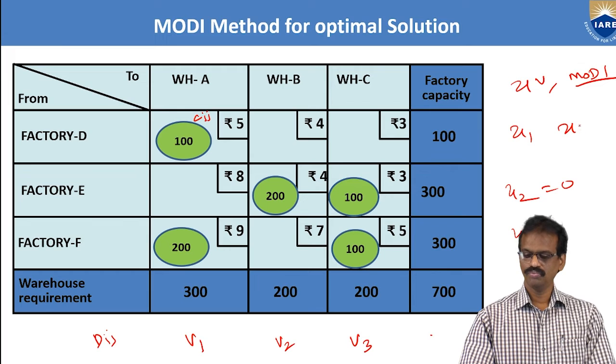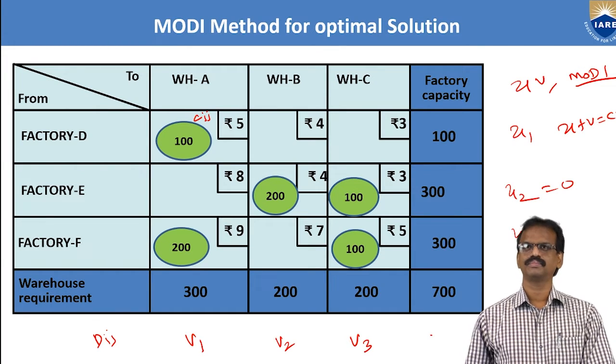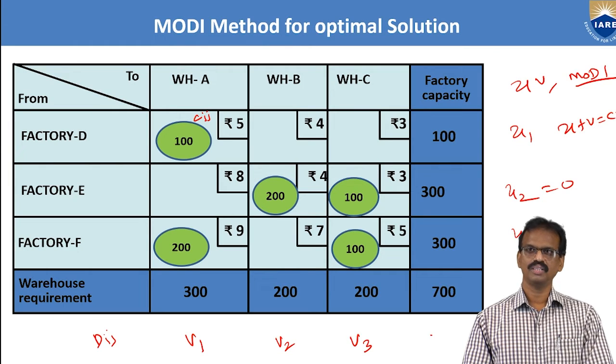Actually, U plus V is equal to Cij. This is the formula.